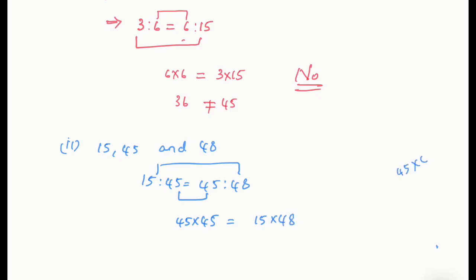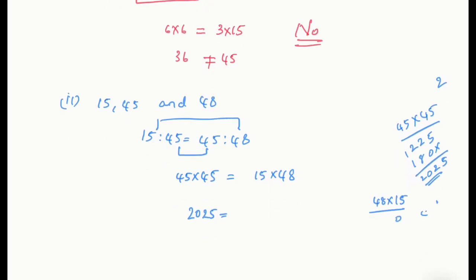Again, 45 into 45 gives 2025. And 48 into 15 gives 720. So you're getting here 2025 and 720. Again, your answer is no.